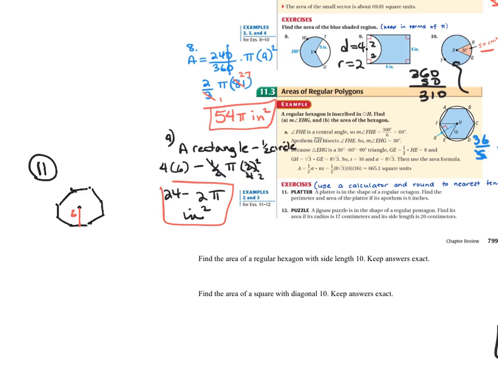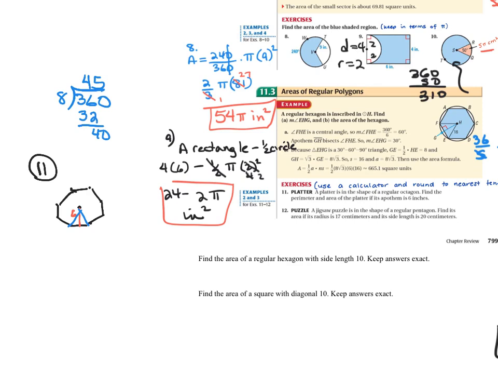For here, what I need to do is find the measure of my central angle. So I would take 360 and divide it by 8. So my central angle is 45.